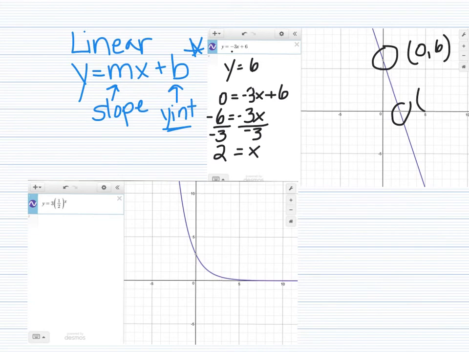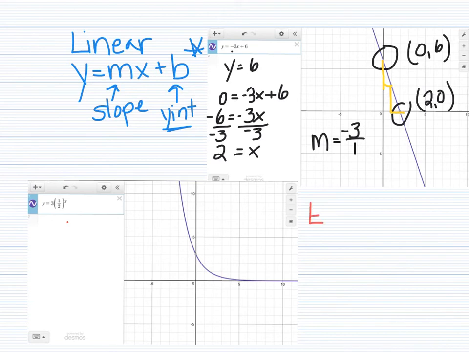Remember, this is when y equals 0, so we've got 2, 0. I hope you recognize our slope. It's going down 3 and over 1. I'm going to write that as a fraction so we can see that progression: down 3 over 1. All information about linear.